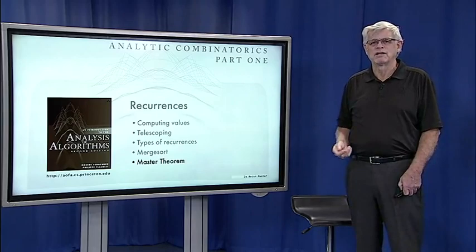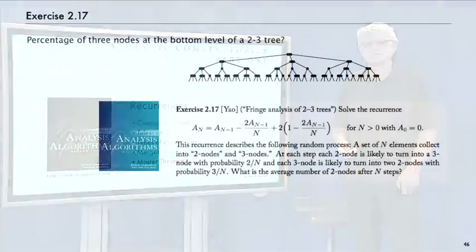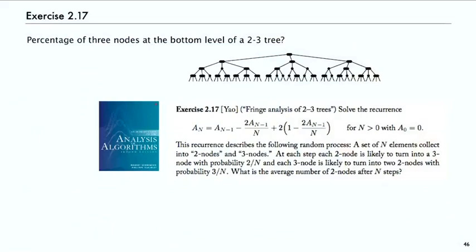Next time we'll move on to generating functions. Here are a few exercises that will be worthwhile for you to take a look at to cement your understanding of this material in order to be ready for the next lecture. The first one is exercise 2.17. There's a particular data structure called a 2-3 tree.